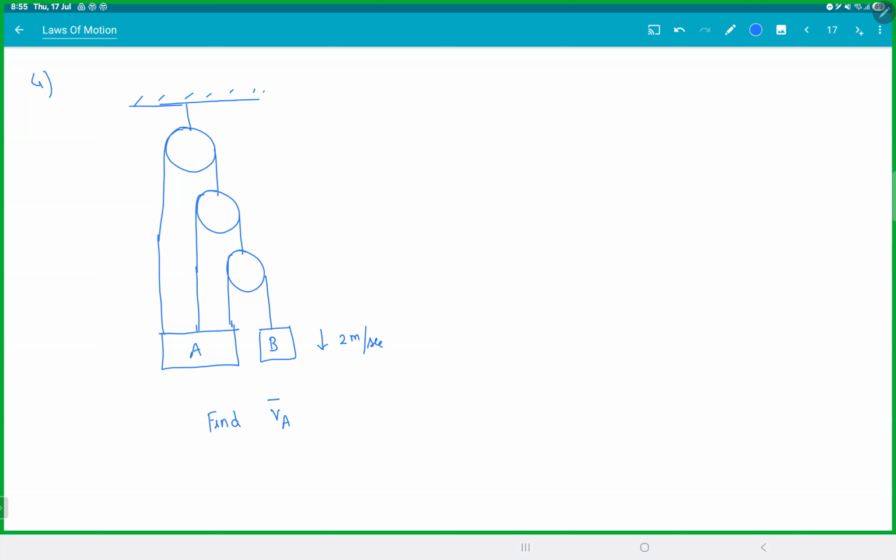Find VA. You getting how it is? So for A, the 3 strings are connected to A. Find the velocity of VA.